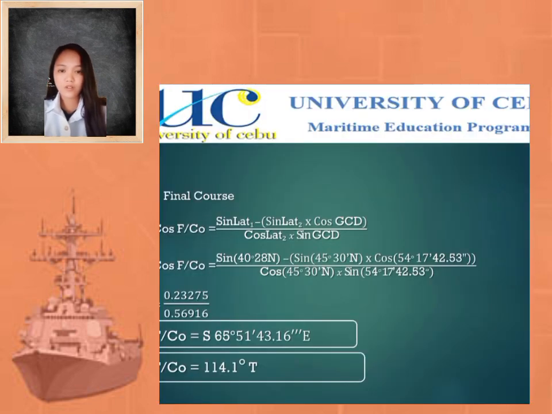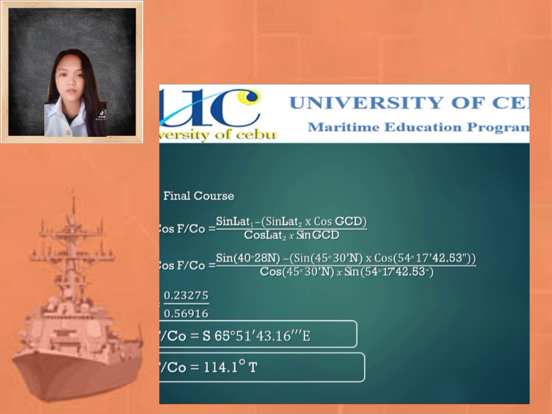For the final course, the formula is cosine final course equals sine latitude 1 minus (sine latitude 2 times cosine GCD) over cosine latitude 2 times sine great circle distance.